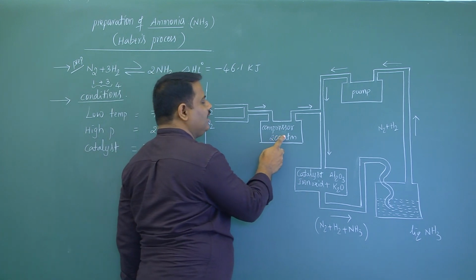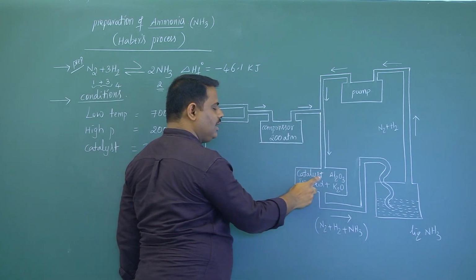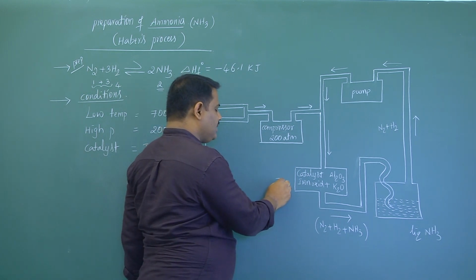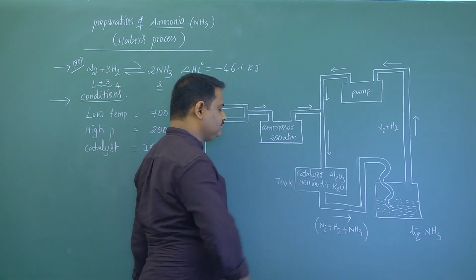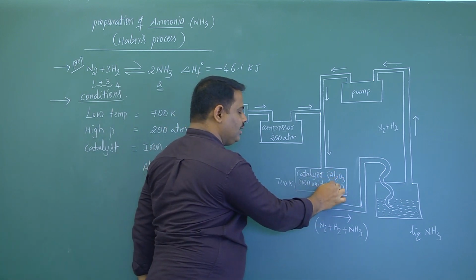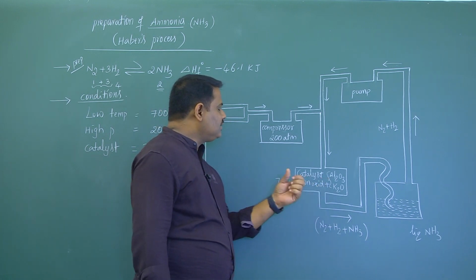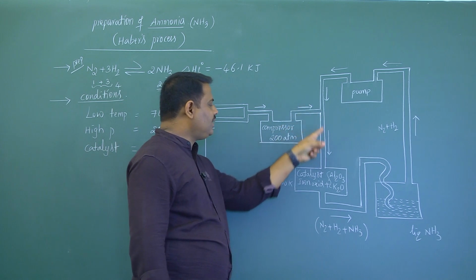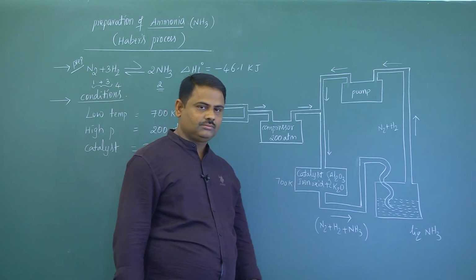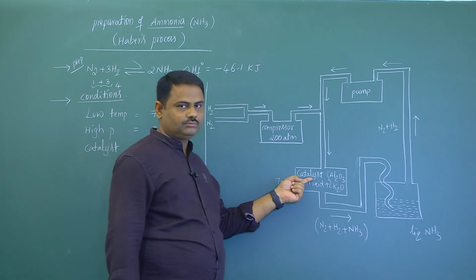With that high pressure, nitrogen and hydrogen gases enter a chamber called the catalytic chamber, where temperature is nearly 700 Kelvin and catalyst is iron oxide with alumina and potassium oxide. So at all these conditions, pressure 200 atmospheres, temperature 700 Kelvin, and catalyst, nitrogen reacts with hydrogen and it gives ammonia.